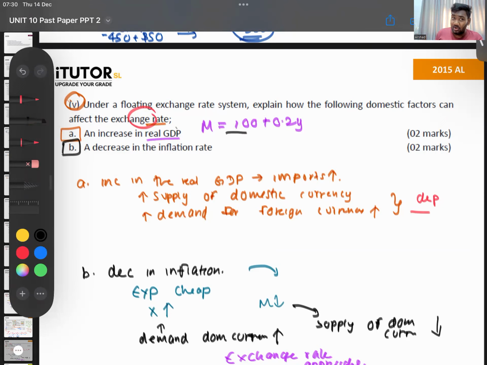Just think, when your income increases, what will you do? You will buy a car now. You will tend to buy laptops. You'll buy a better phone. So all of that is coming from where? From imported goods, no? So when your country's real income increases, that means people's income will go up. As a result, more and more will be imported. Okay. Exports we say are autonomous.